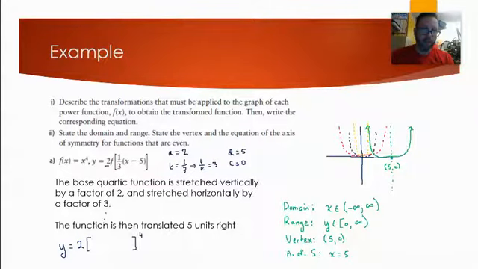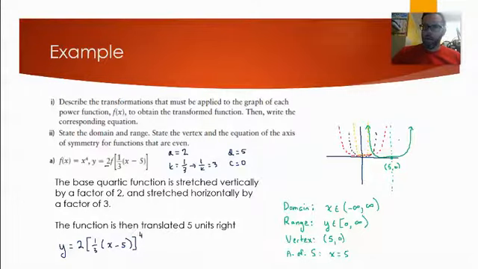And then inside there, it's not x, it'll be 1/3 x minus 5, to the power of 4. So that's what the equation of the corresponding function would look like. A is 2, k is a third, d is 5, c is 0.